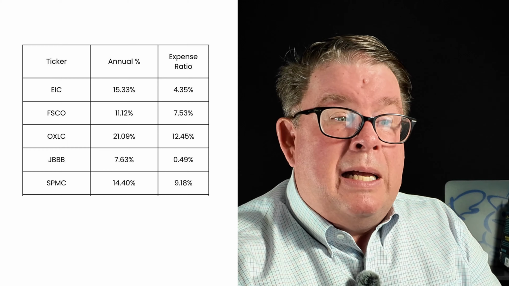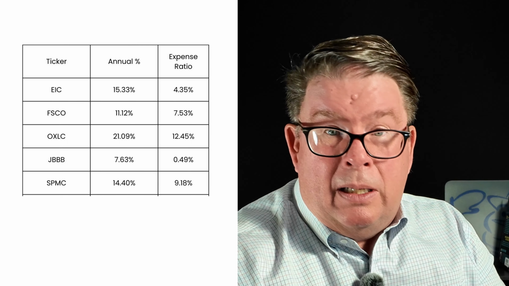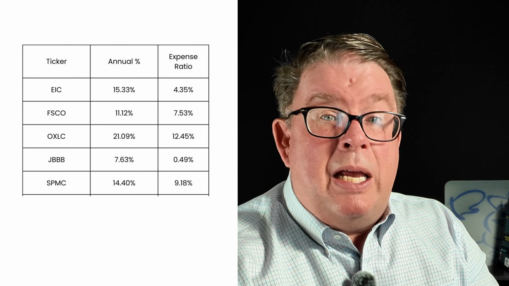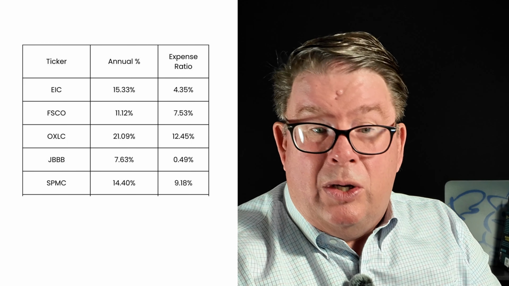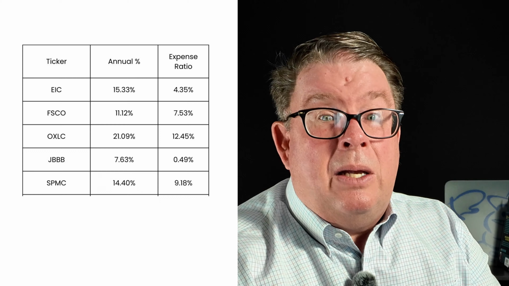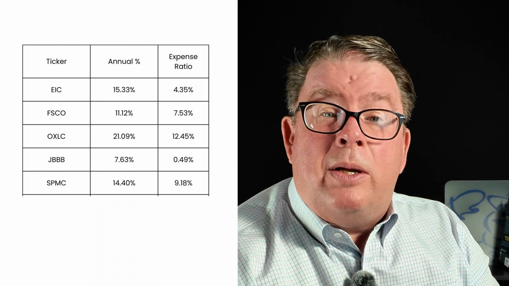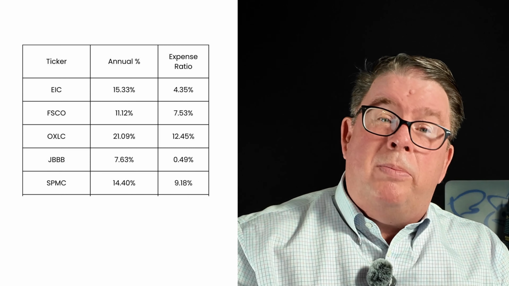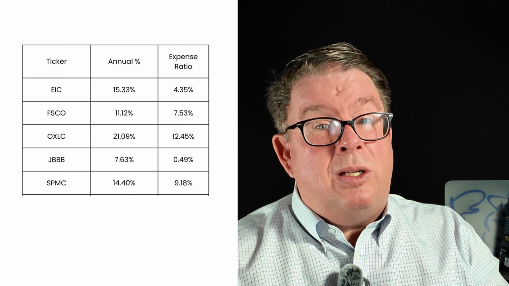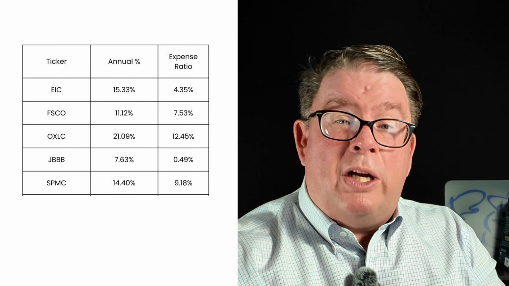I also own SPMC. It's paying right around 14%. It's a newer fund. It has an expense ratio of 9.18, but it's a newer fund, and I chose this one because, one, it was a recommendation from some professional traders.